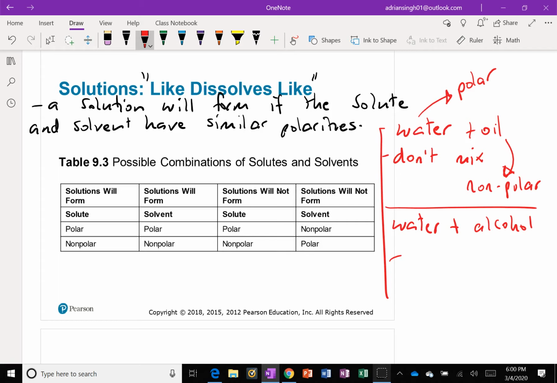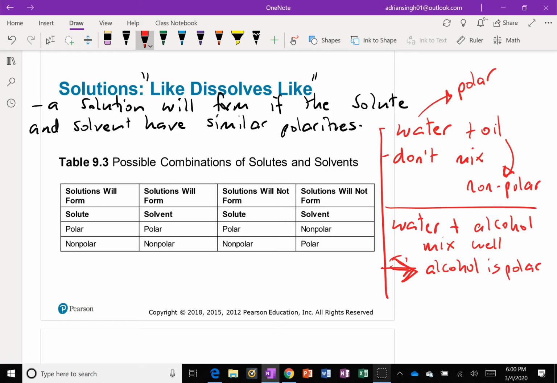So because the water is polar and the alcohol mixes with it, we can then say that the alcohol is polar.